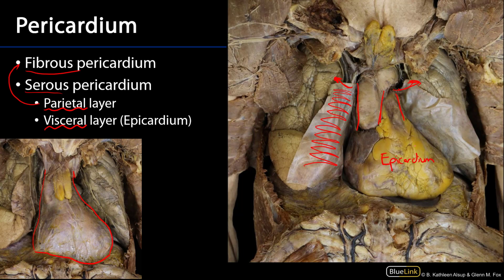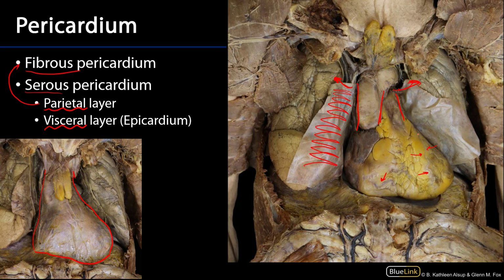So the more epicardial fat an individual has, the higher the risk of different diseases such as hypertension, coronary artery disease, insulin resistance, and diabetes, etc. And here we can see some of that epicardial fat. We can also see, and we'll get into this in the next session, some of the vasculature, which is moving through that epicardial fat to serve the heart wall.